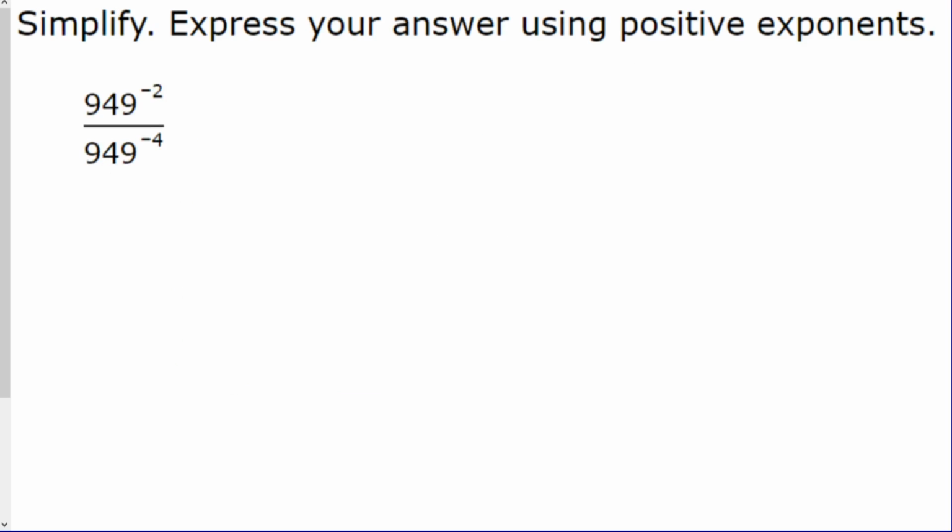All right, last one. I picked this one just because it has both negative exponents, so it looks a little weird. But again, rules are rules. So bases are the same. We're dividing, so we can subtract the exponents. 949 to the negative 2 minus negative 4.